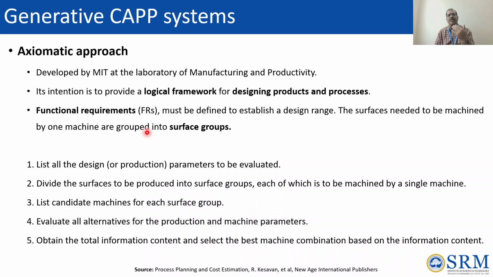For each and every surface group, we provide machines for continuing the process and optimize, based on collected information, which combination of machines is good for the particular surface group in order to complete the process quickly and efficiently in a less time-consuming way. So this approach deals with the surface group. This is another way of doing computer-aided process planning in a generative way.